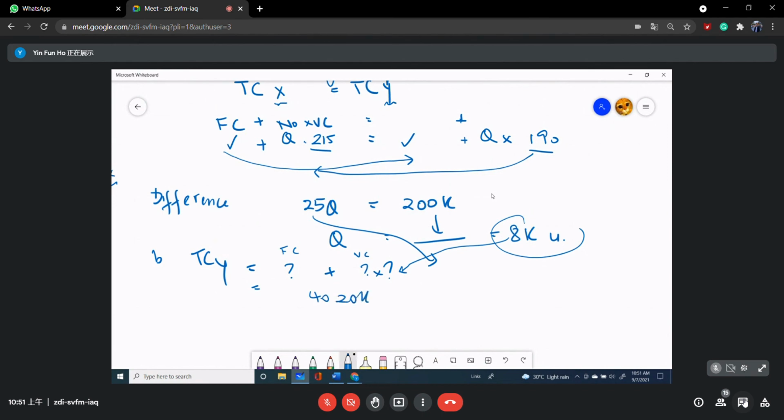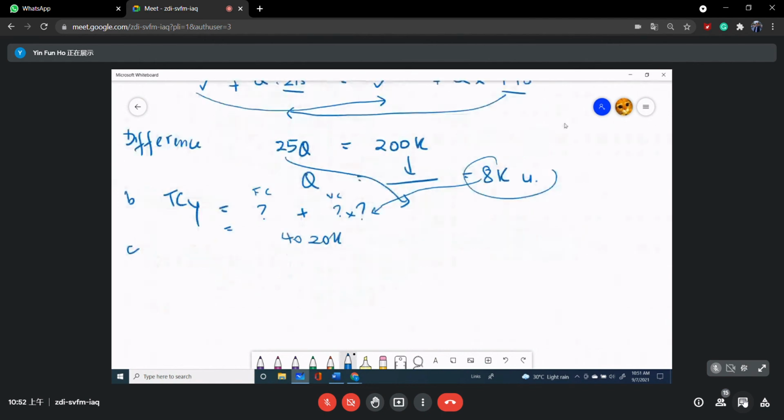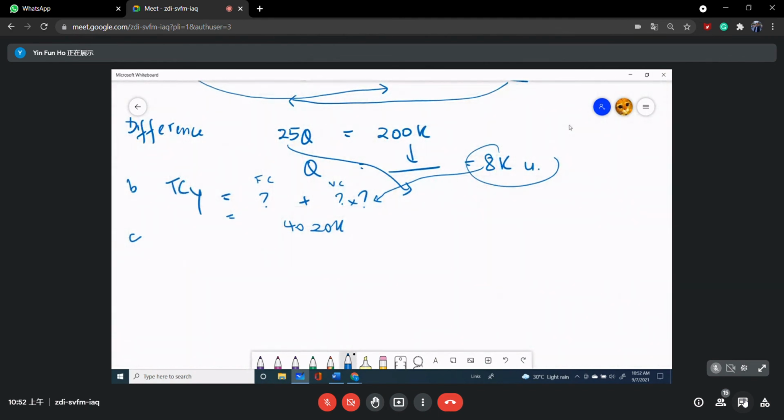Then we want to go to C. Now to do C, 2 ways again. You don't know whether it's profit or loss, isn't it? So you work out your total revenue, work out your total cost. Okay, I'll show you. Since this is new. Work out your revenue, how much? Work out your total cost, how much? See who is bigger. Always big minus small. Or the other way is work out contribution.